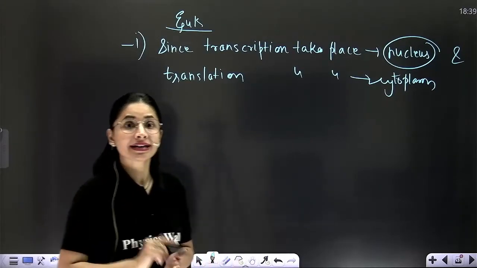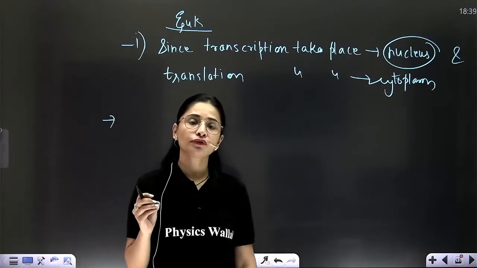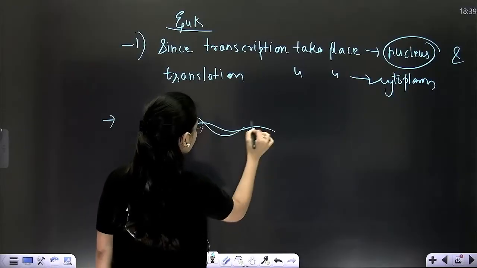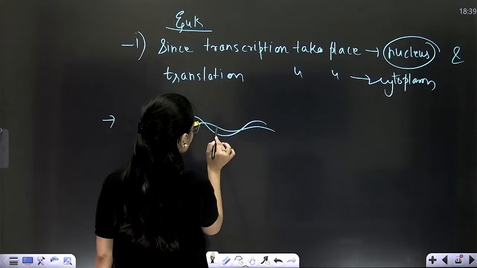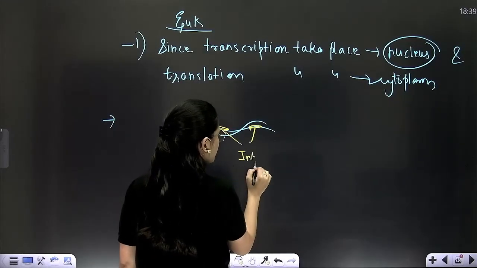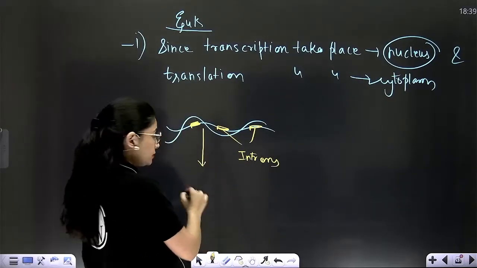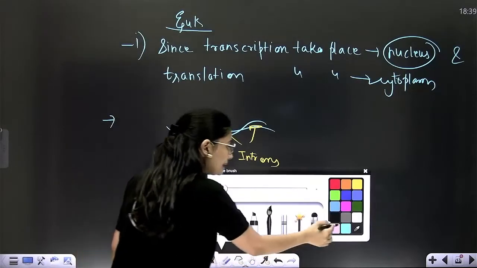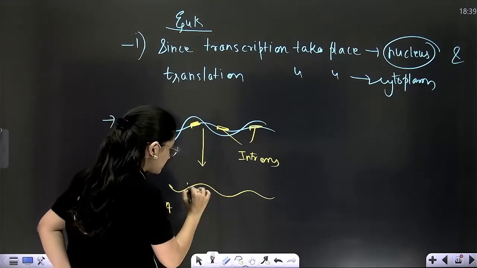So that's the first reason. Second reason, in case of eukaryote, DNA is rich in introns. You know, non-coding sequence, I just told you. So these yellow colored are introns, non-coding sequence. Now when this DNA is used for transcription, then RNA is synthesized. This RNA polymerase also transcribes the introns.